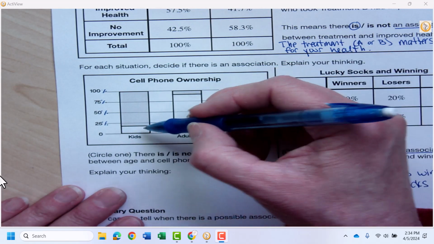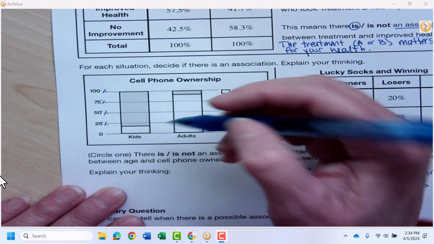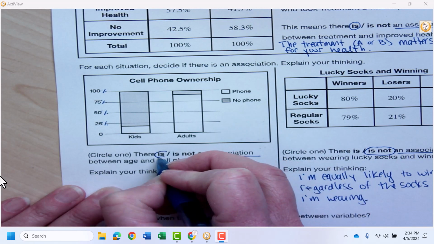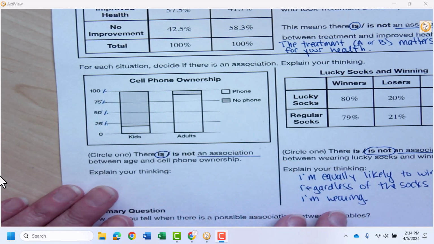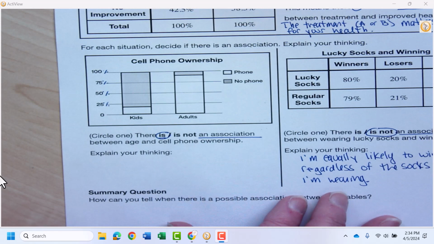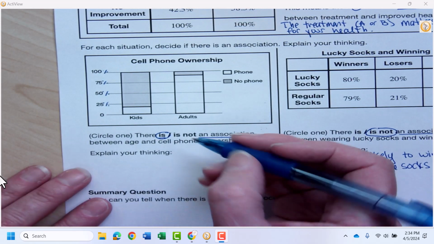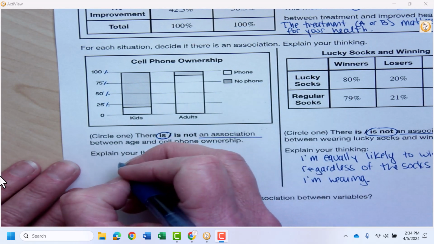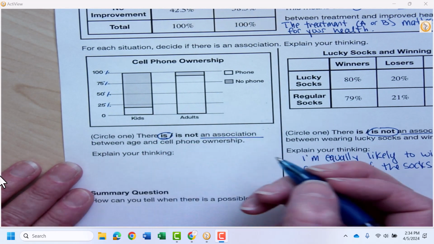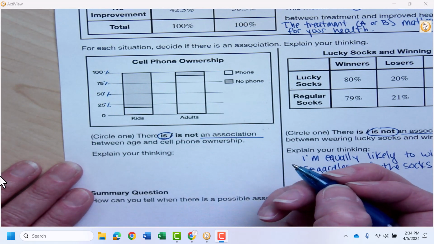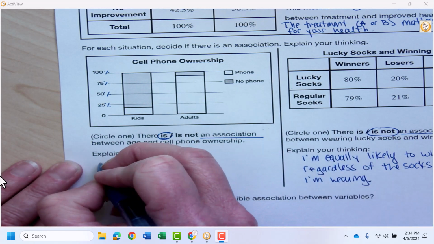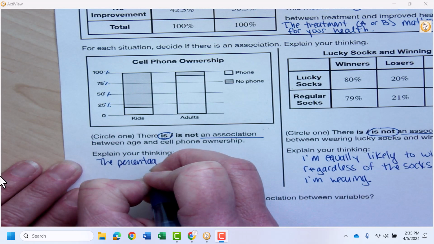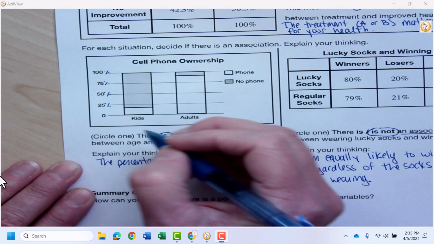So because there's such a difference, I'm going to say there is an association between age and cell phone ownership. So I'm asking, does the category matter? Yes. The percentage of kids without phones is much greater than the percentage of parents without phones. And that's what you're looking for, a difference in those percentages.